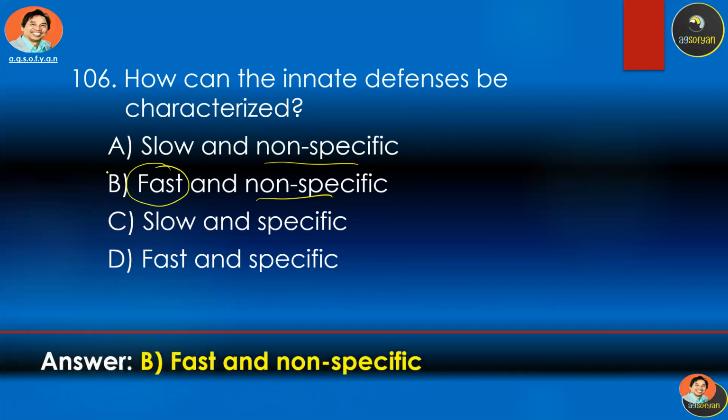So whenever we have damage in our area or injury, then as soon as possible, our non-specific defense, the innate defense, will try to protect us. So the phagocytes, the neutrophils, monocytes will try to kill as many pathogens as possible on the injury area.